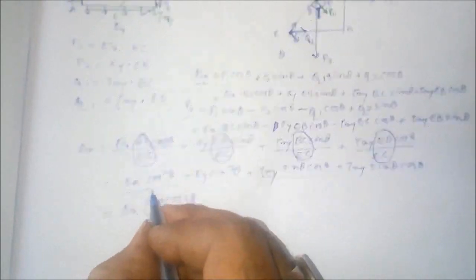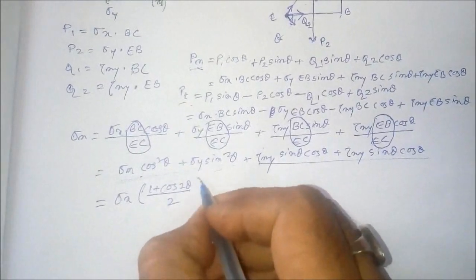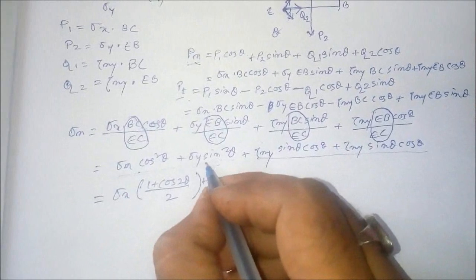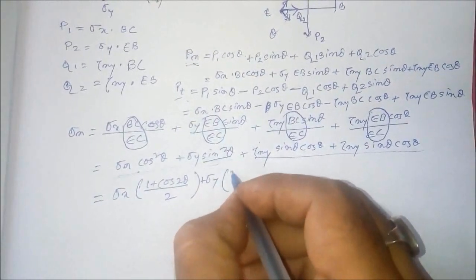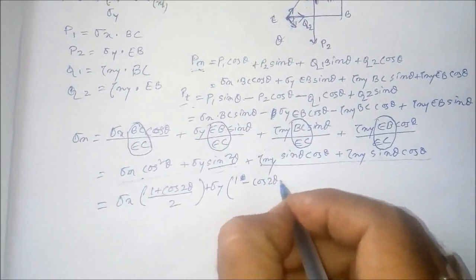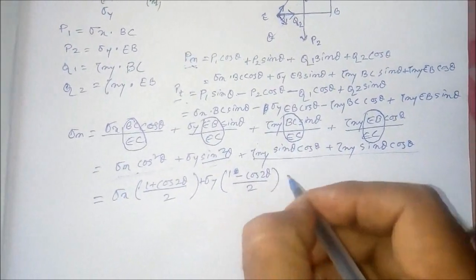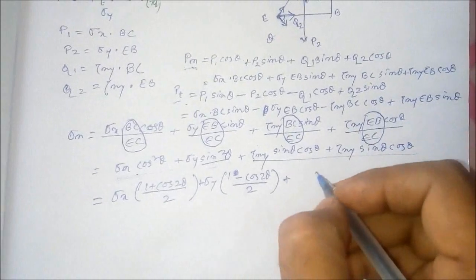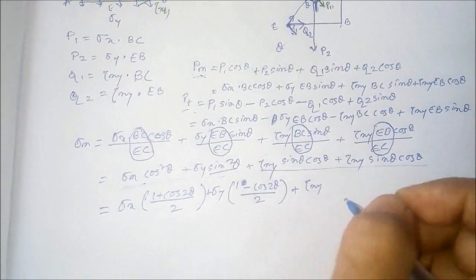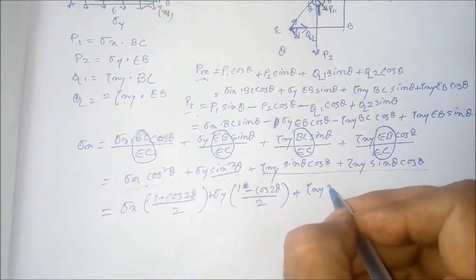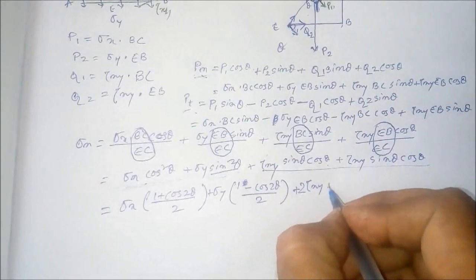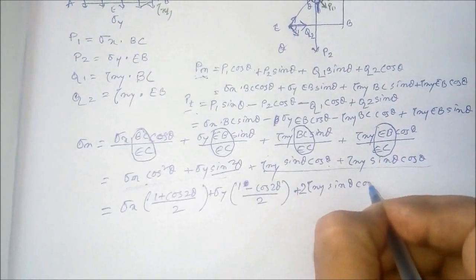We are simplifying this cos square theta in this formula, so plus sigma y, if we simplify this will become 1 minus cos 2 theta divided by 2 plus, if we take this and this, 2 tau xy sin theta cos theta, right?